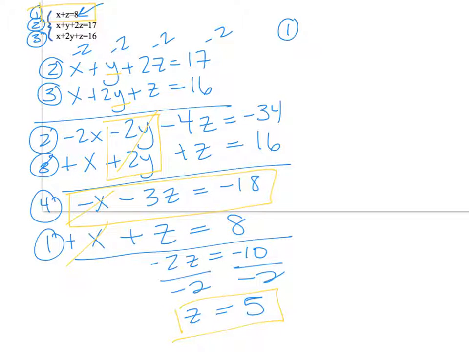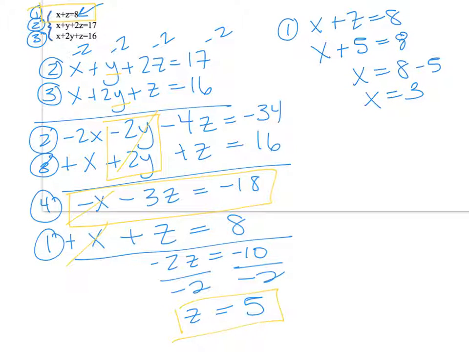So back into equation 1, I have x plus z equals 8. So I'm going to solve for x when z is equal to 5. X is going to be equal to 8 minus 5. So x is equal to 3.